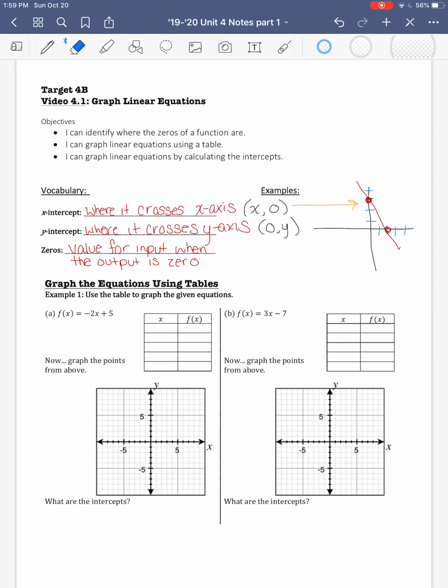Let's try that again. That's not my x-intercept, that's my y. My x-intercept is right there. My y-intercept is here. Now for my zeros, a lot of times I'm going to calculate that separately, but that is also your x-intercept.